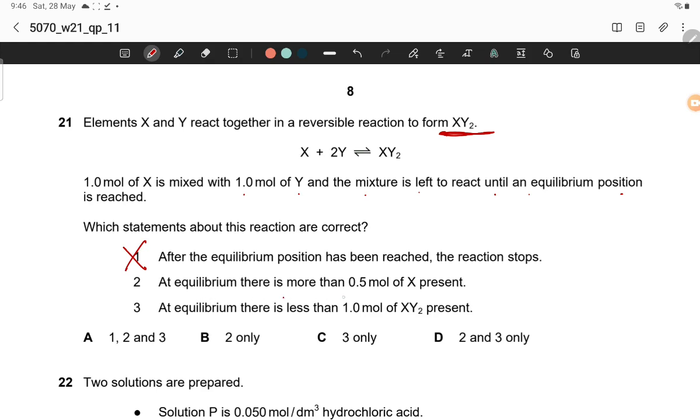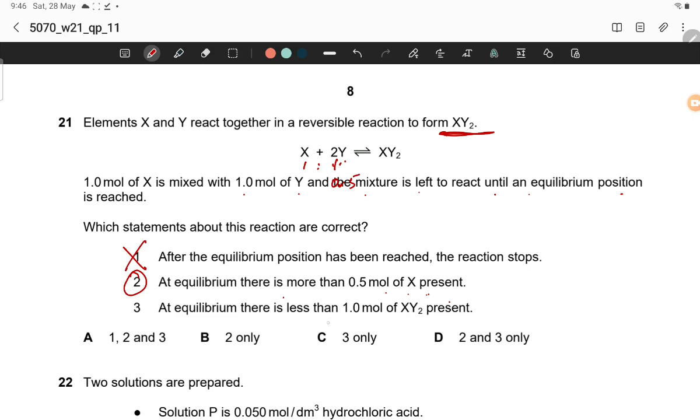At equilibrium there is more than 0.5 moles of X. Yes, it is correct because 2 moles of Y react with 1 mole of X, so it must be more than 0.5 moles of X.